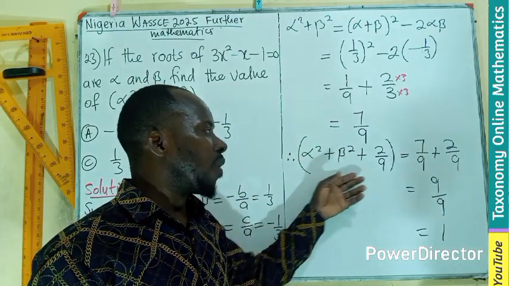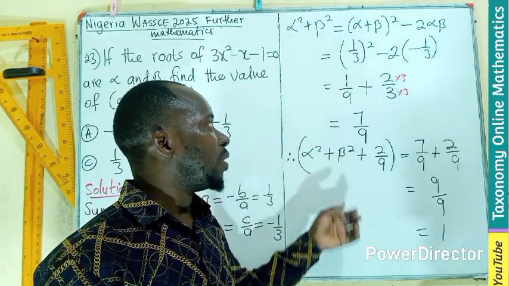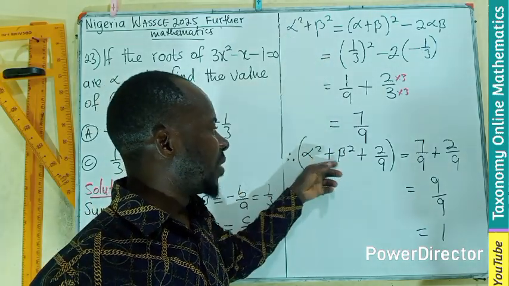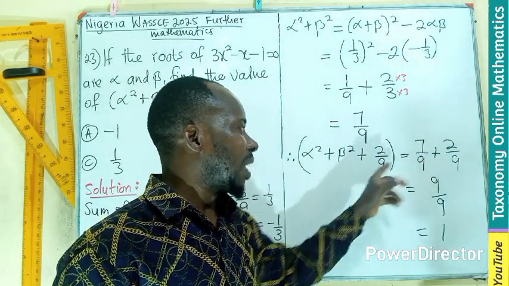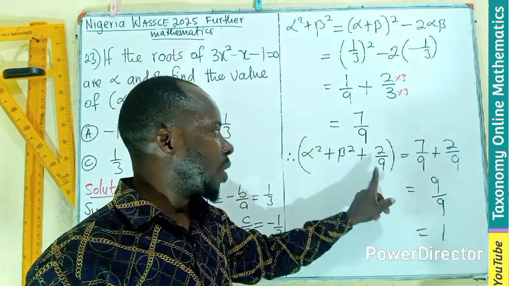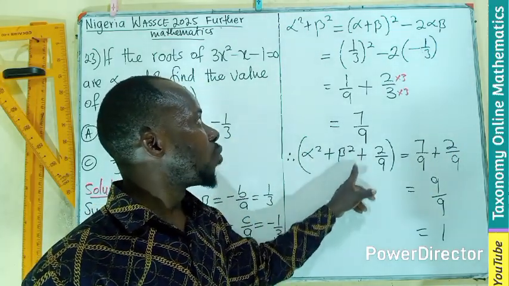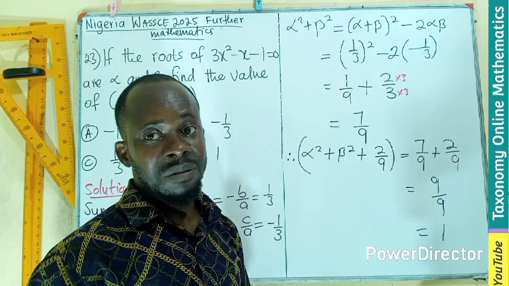So the value of this is going to be the first part plus the constant we have here, which is added onto that. When this goes there to subtract from this, the alpha squared plus beta squared will just be the same as 7 on 9.